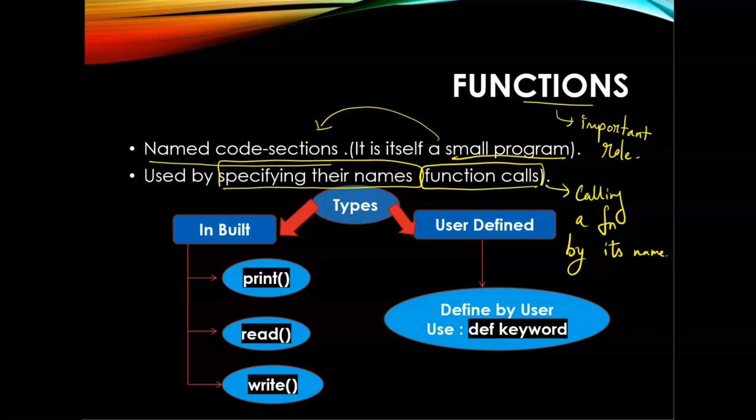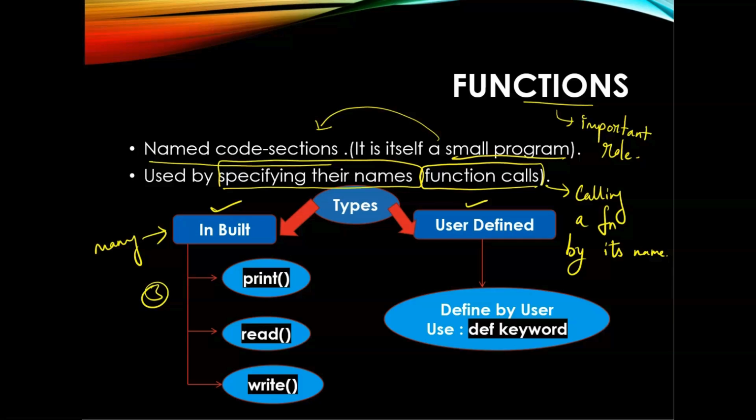So we have two types of functions in Python. One is the inbuilt function and the other one is the user-defined function. We have so many inbuilt functions in Python. I have given only 3 here. We have many inbuilt functions in the Python interpreter.